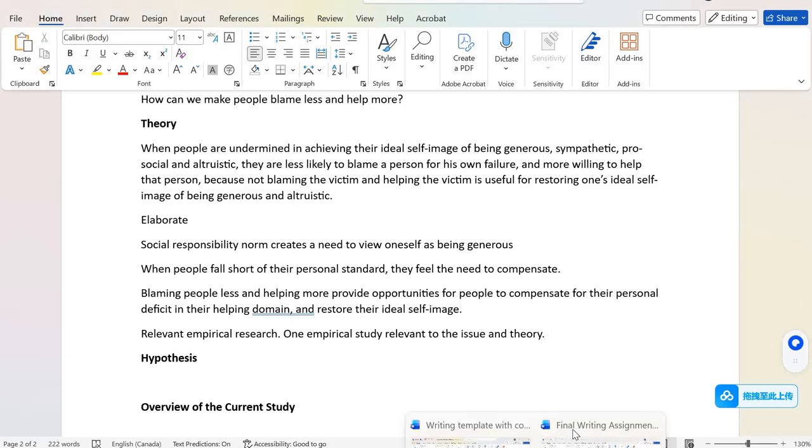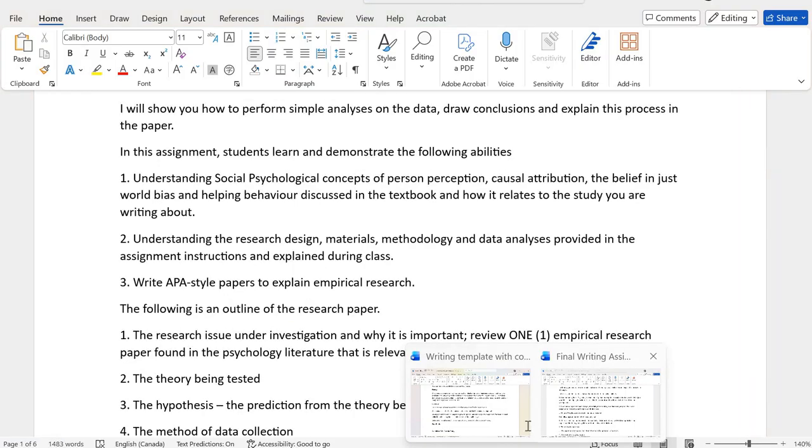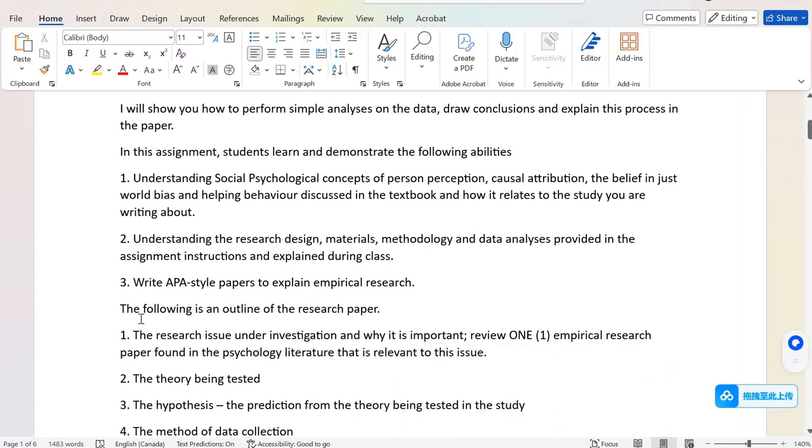If you go back to my instructions, you have the outline of the research paper, and here you have the requirement. You review one empirical research paper found in the psychology literature that is relevant to the research issue.